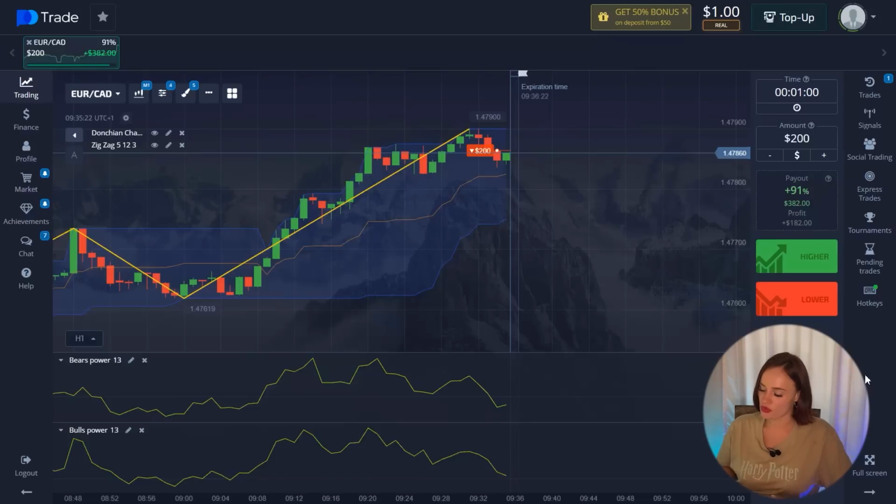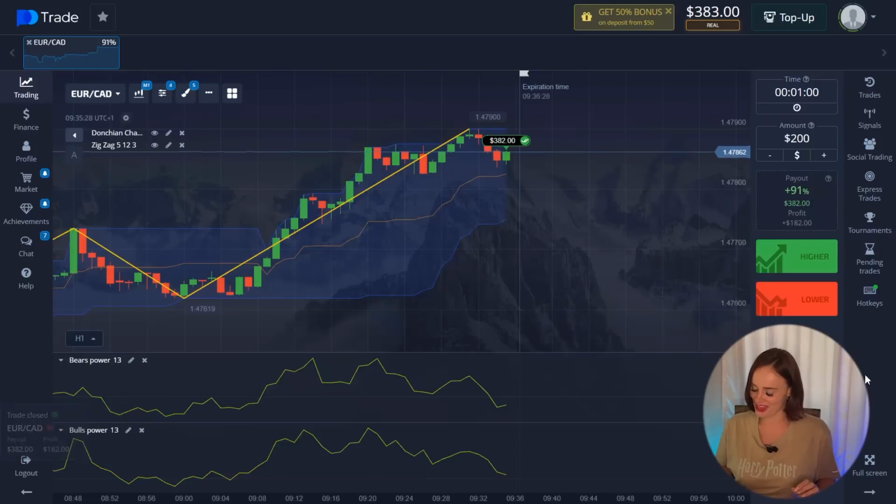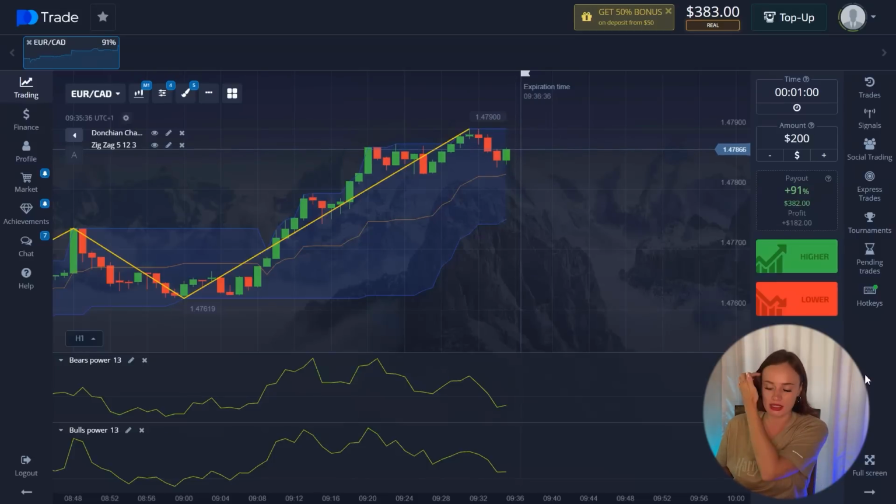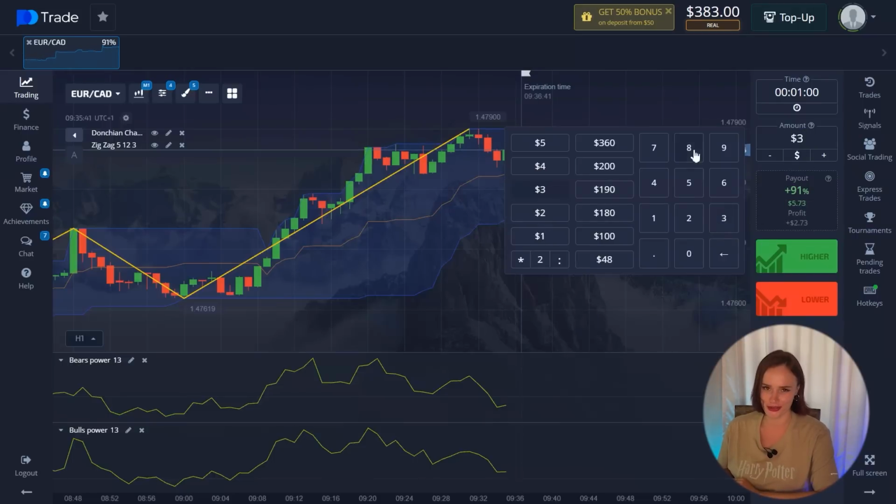The quotes approached the entry point and didn't cross it, and I was able to make $182 profit. So guys, never forget that trading on the entire balance amount is very risky, but considering this, I still raised the transaction amount to $380.